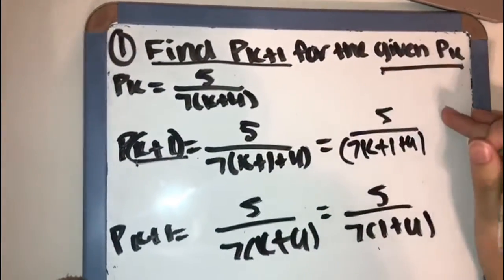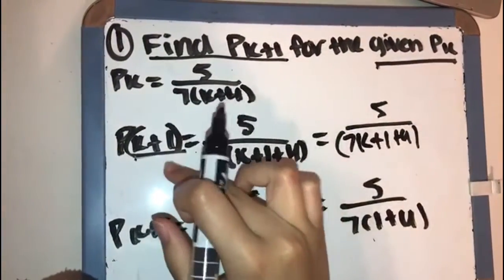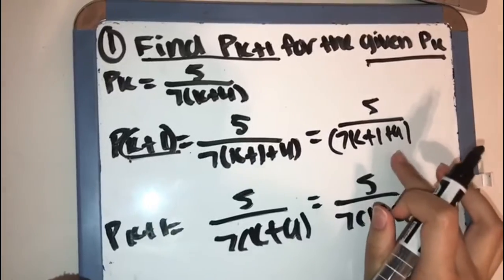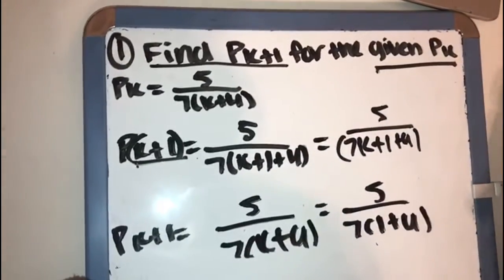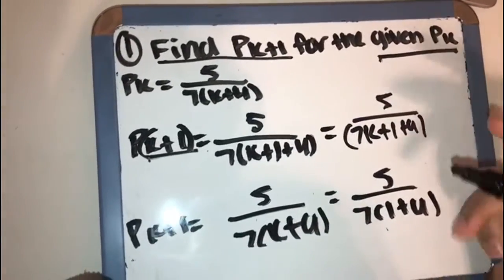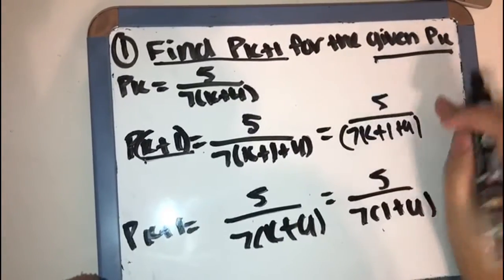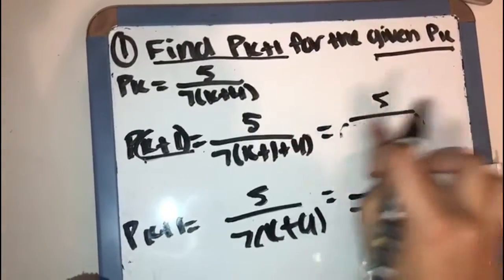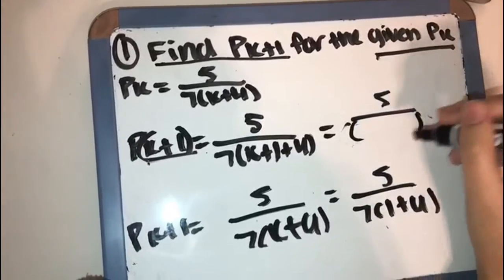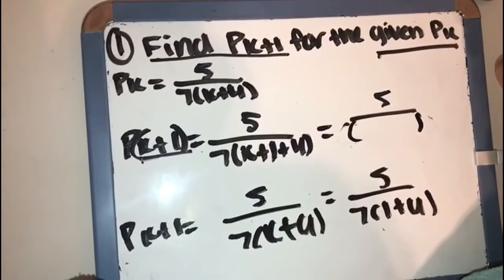So don't just think that if it says k+1 and k is in the denominator, that means everything has to be plus. No, that's wrong. If the denominator has the whole thing as a parenthesis, that means yes, you will involve that.